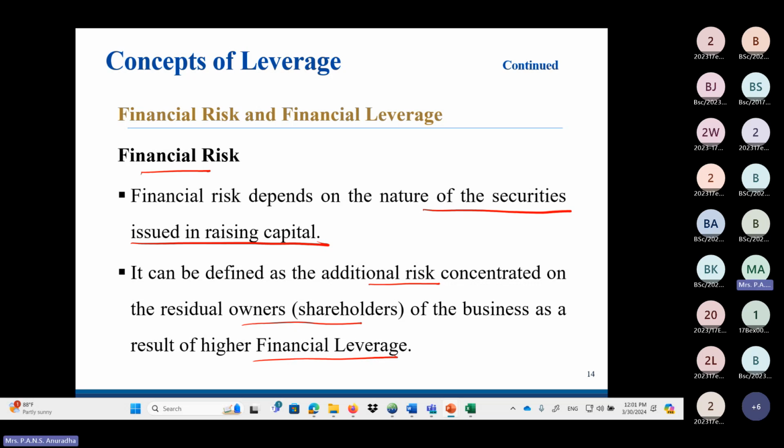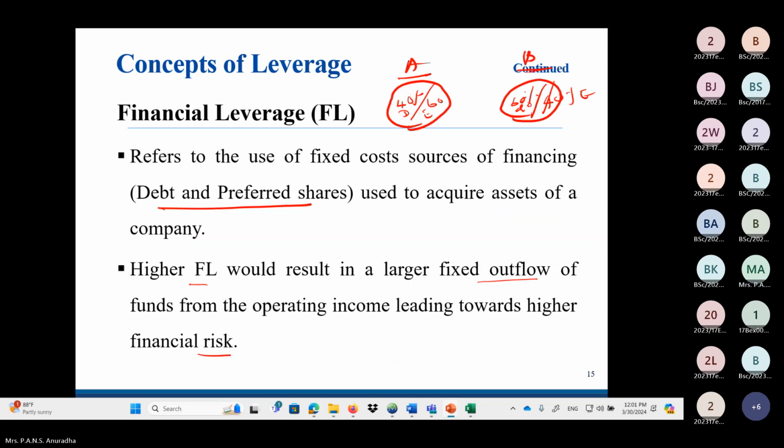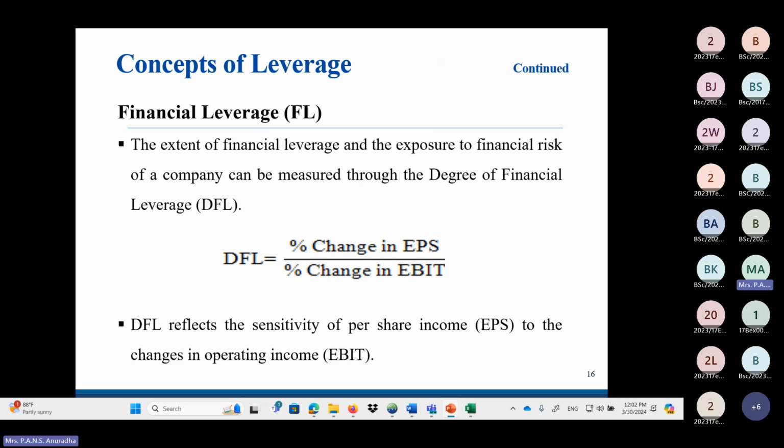Again, the impact of this financial leverage on the shareholders or owners of the company, you can calculate using the degree of financial leverage. The degree of financial leverage is the percentage change in earning per share divided by the percentage change in EBIT.